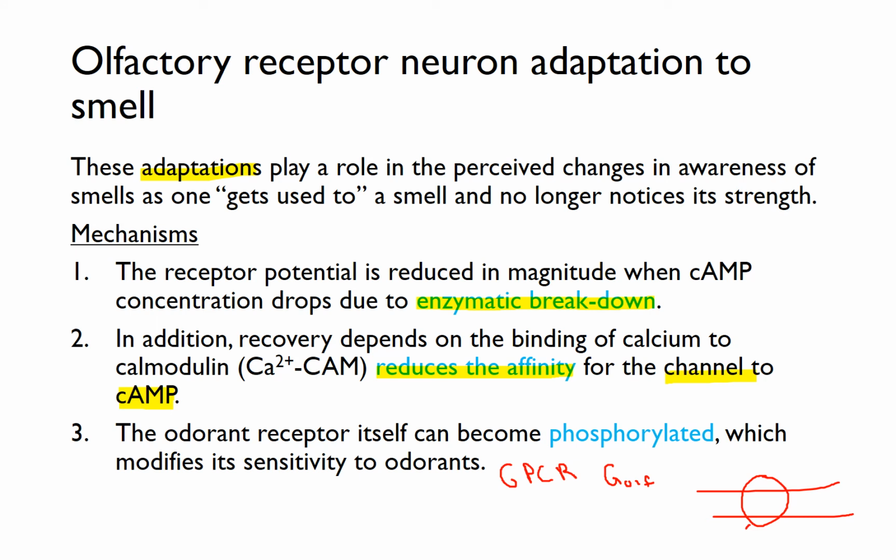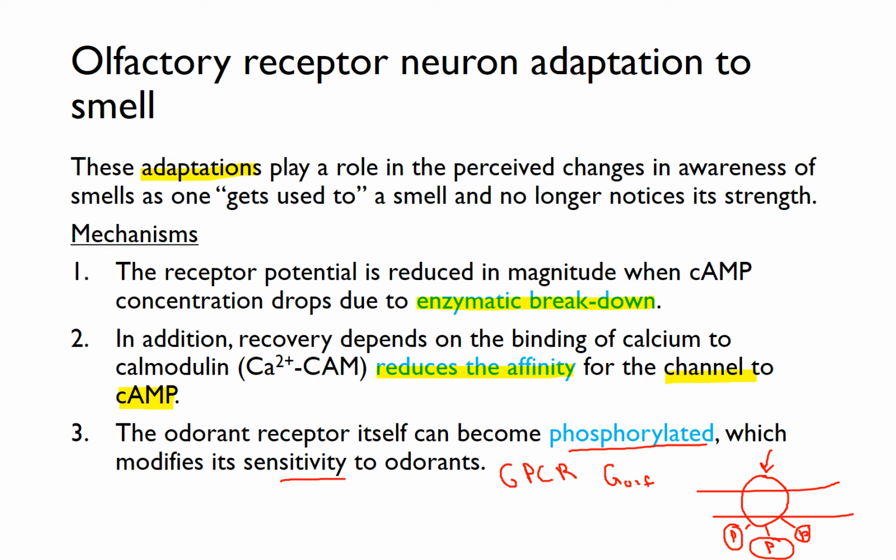Essentially what happens is you start sticking a bunch of phosphates on it, and this is a pretty common mechanism in cell biology, physiology, and molecular biology, whereby if you start phosphorylating stuff, it changes its sensitivity. And in this case, if you phosphorylate this receptor with a bunch of phosphates, it changes its ability to bind or react to the odorants, such that it's just simply going to take a greater concentration to activate this receptor than ever before, because it's now got a bunch of these phosphates stuck on it.